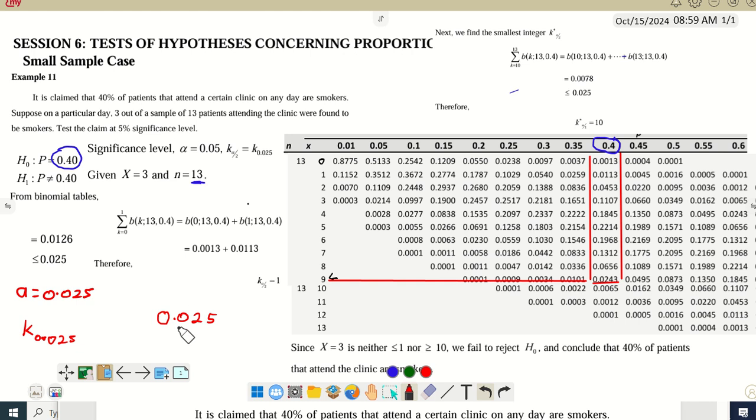So what you do is come to this column. Let's keep adding from the top. We are going to add from the top. So we are going to add 0.0010.